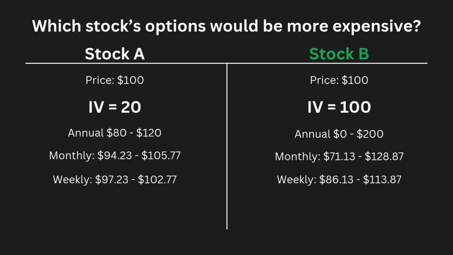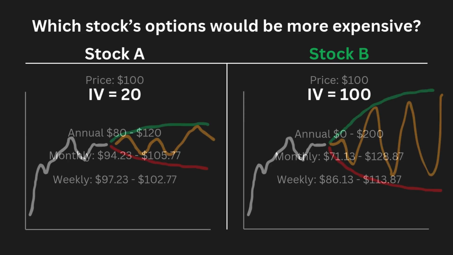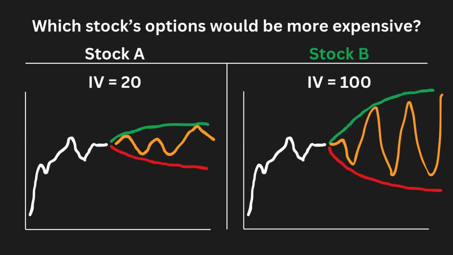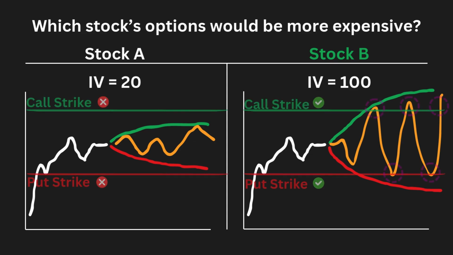Well, stock B's option would be more expensive compared to stock A because the IV suggests traders expect the stock to swing, making options for a stock like stock B significantly more expensive. These swings in price increase the likelihood of the stock moving into the money and passing the strike price, especially for out of the money options.